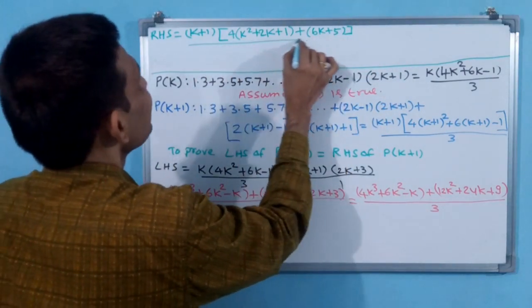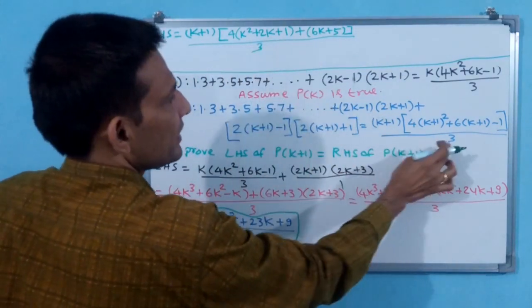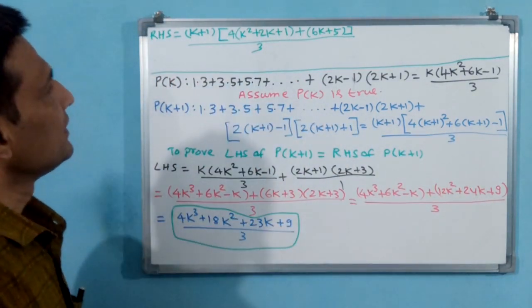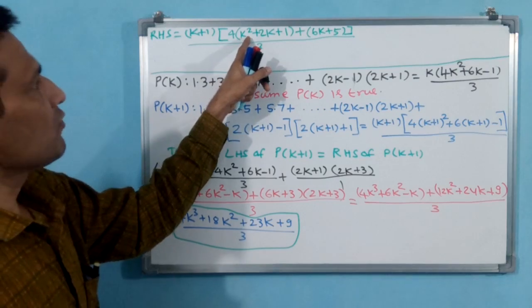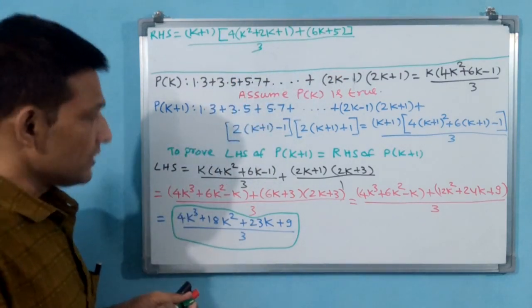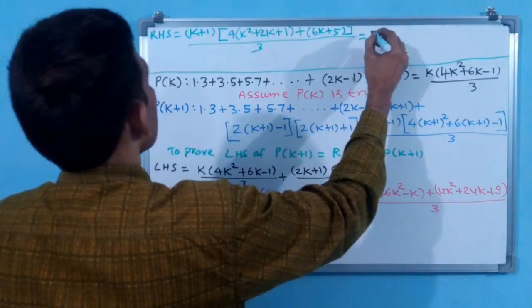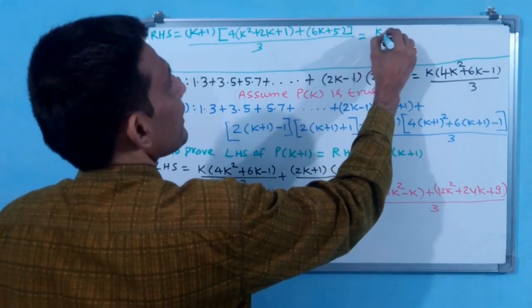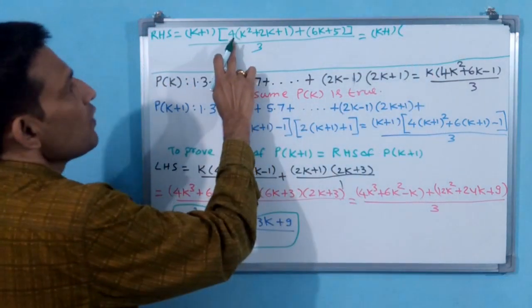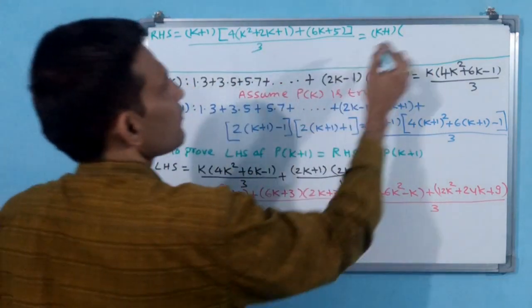And I take all 3. Okay, 3 matched, but numerator it has to match. Now again you send 4k square, only 1 is there. How I am writing, you see, simply k plus 1 like that only you write. But you see 4k square you write, no problem, 4k square.